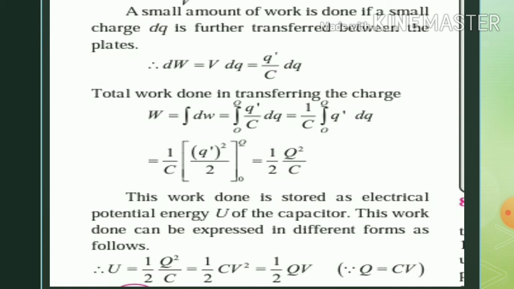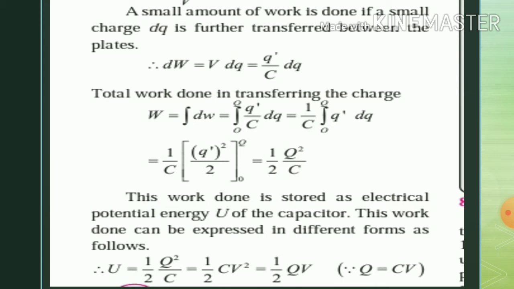Means we can find the work done when 0 charge is present on the capacitor, and after the charging process the capacitor is fully charged, with capital Q the total charge.